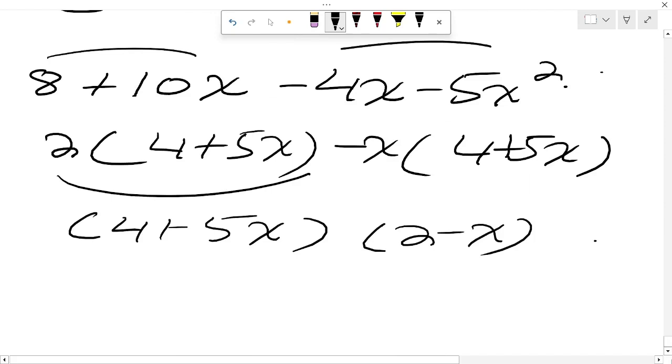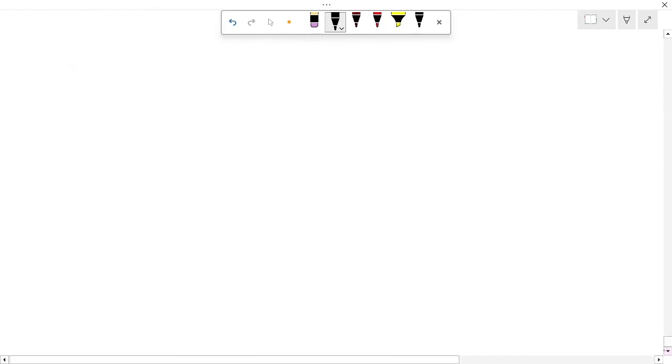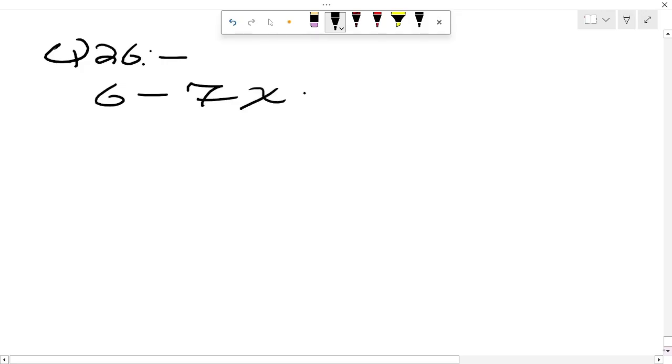Now let's move on to the next questions. It's 27 and 26 I'm seeing on the book right now, so I just write 26 first and then we will attempt 27. So 26 says 6 minus 7x minus 5x squared. How are we going to solve this? It's very easy.